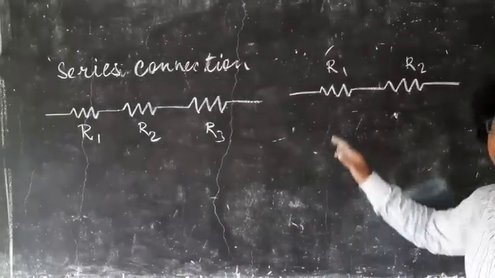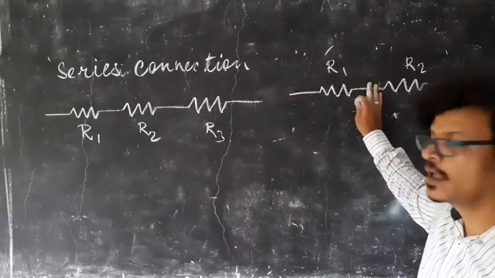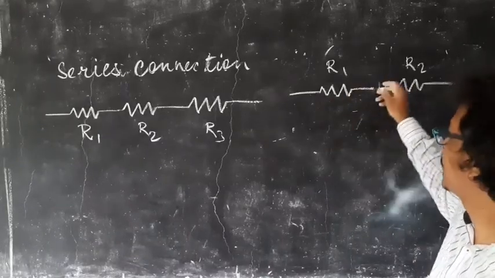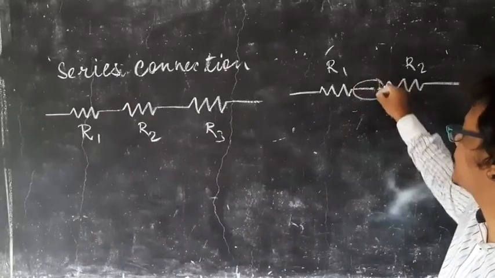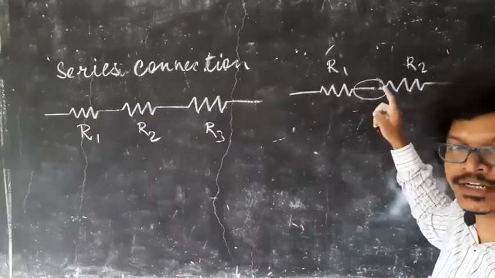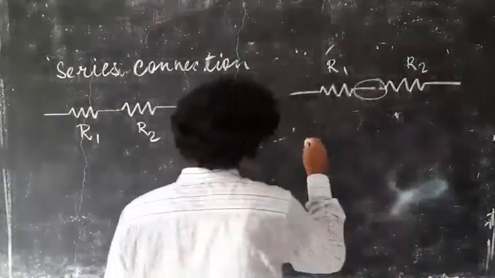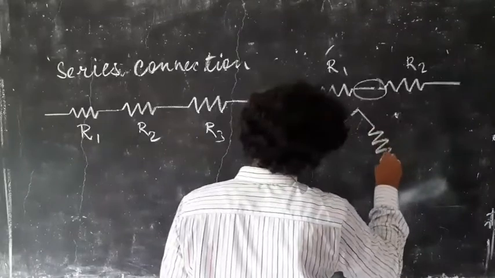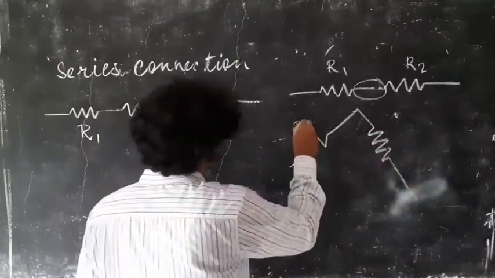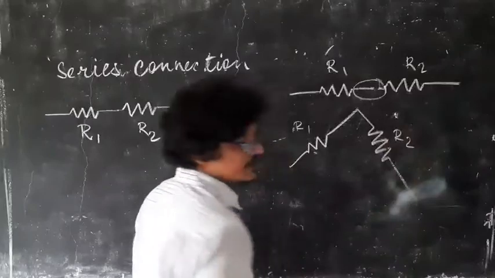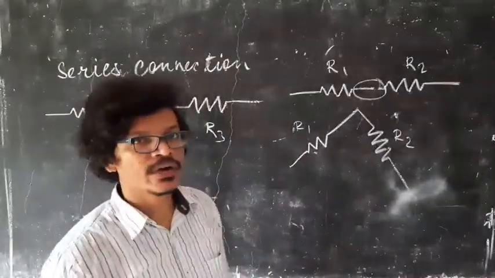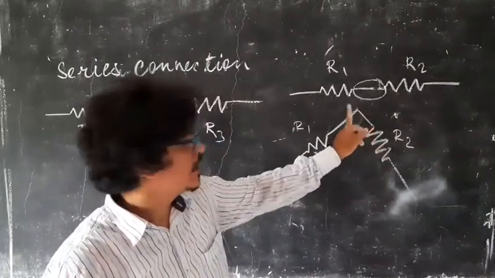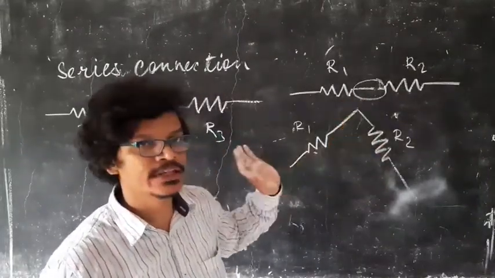In a circuit, if you see this type of diagram, then you can say that these two are in series. The length of the leg may not be small, it can be big, or it may not be a straight line, it can be of any shape.